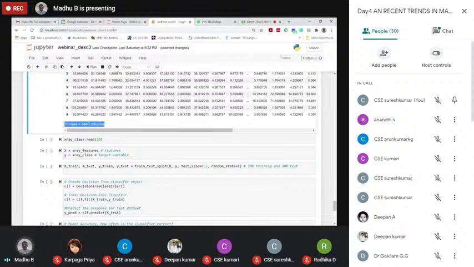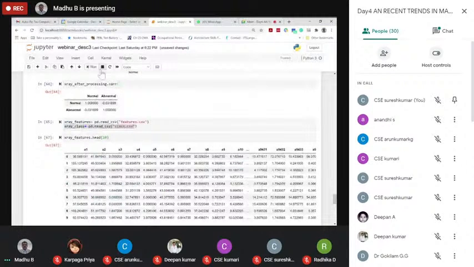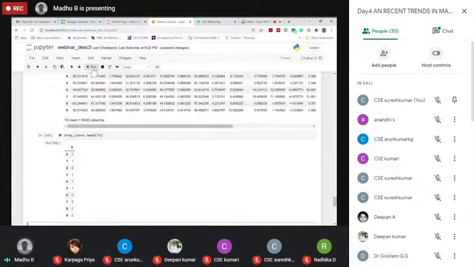Now I can see the head. I can see the class label head. Here, this is another area where you make a lot of mistakes. This specific decision tree algorithm cannot accept A and N. I can say 0 is normal, 1 is abnormal.